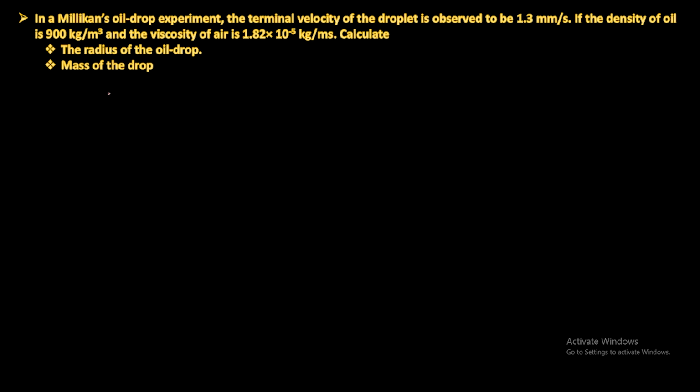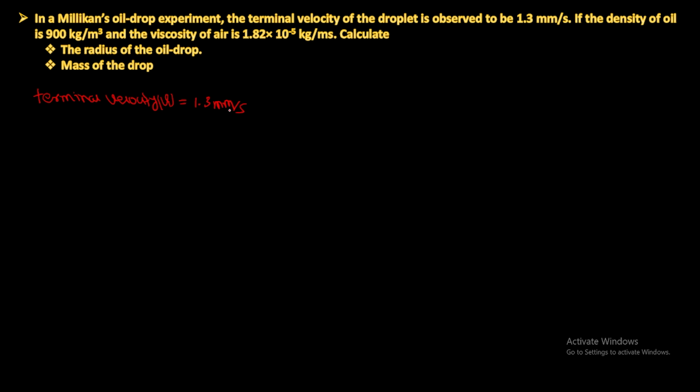The first problem is here. In a Millikan's oil drop experiment, the terminal velocity of the droplet is observed to be 1.3 millimeter per second. Here there is no mention of electric field. That means the terminal velocity here, that is the first terminal velocity v1, equals 1.3 millimeter per second.